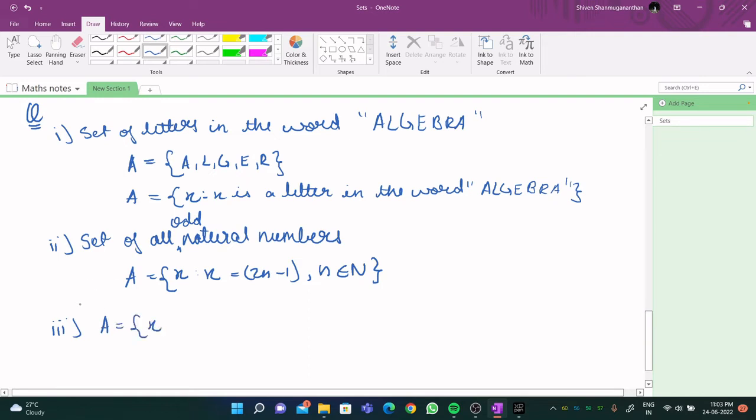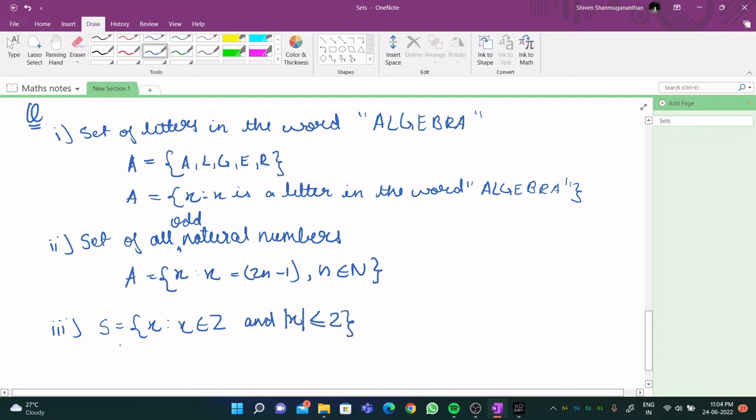Let's just start with S. Let's name the set S. Now S is equal to x such that x is an integer and modulus x is less than or equal to 2.